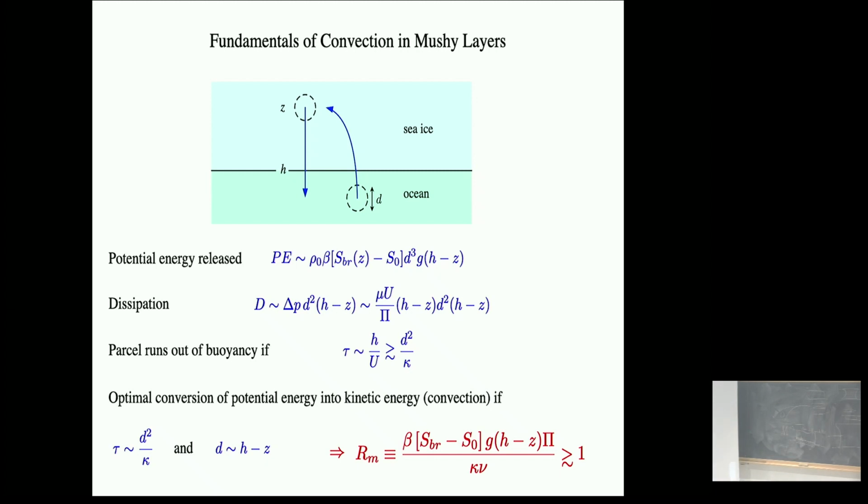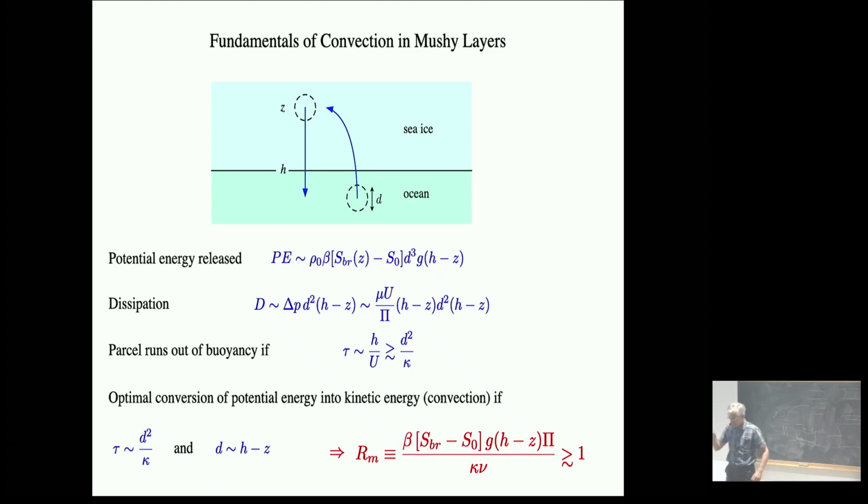And we'll get an optimal conversion of potential energy into kinetic energy. So we only get kinetic energy if we've got some potential energy left over. We haven't dissipated it all. And we'll get optimal conversion actually if our time scale is about the diffusion scale and if the size of our parcel is comparable with the size of the vertical displacement.